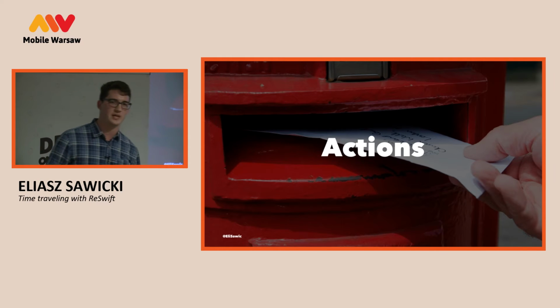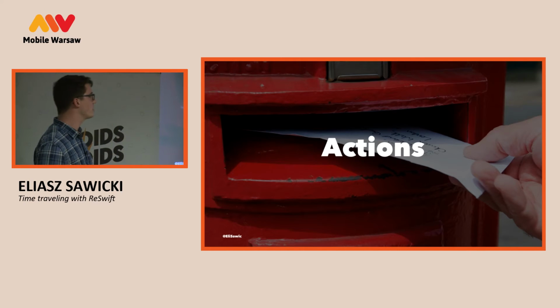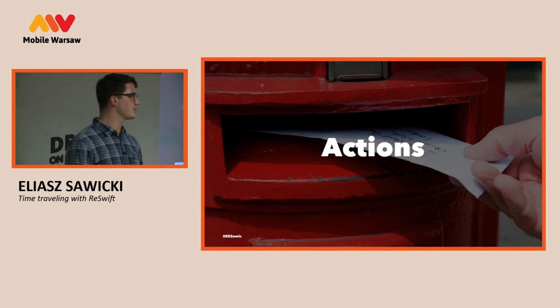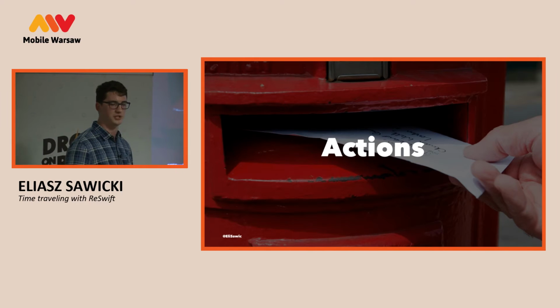For example, let's name it update username, and we can write a new username in our letter. We could also add some image URLs there or something else, but it's basically a letter that we fill, and we hope that somebody receives it and updates the state of our application.